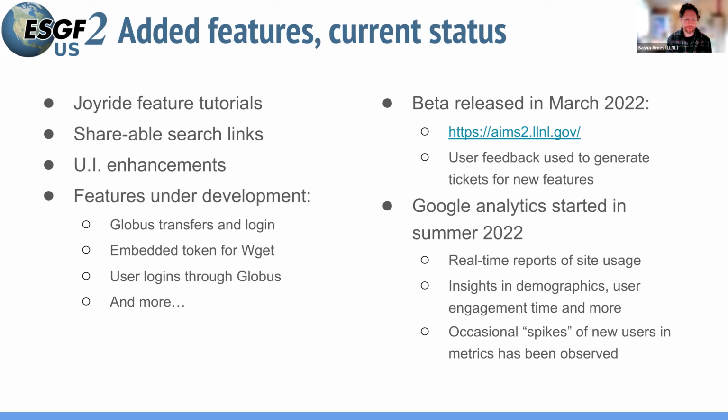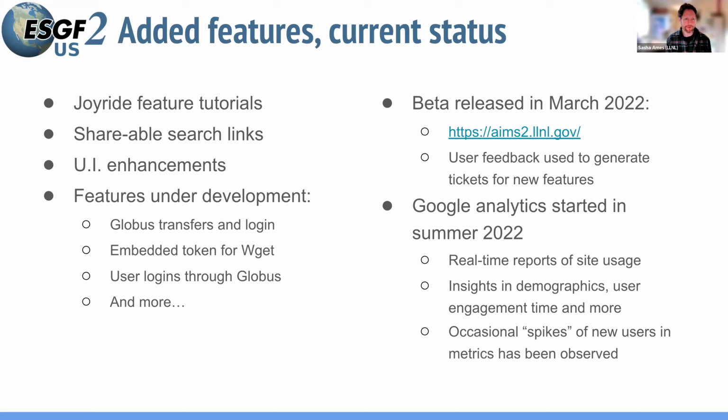By the way, we're going to demo all these features. I'm just summarizing now. We have shareable search links, and some additional UI enhancements. Maybe Carlos will remember and point those out.